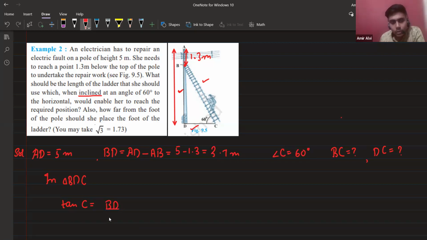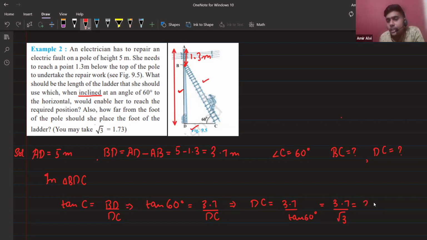Angle C is 60 degrees. BD is given as 3.7, so tan 60 equals 3.7 by DC. DC will go to the other side, and tan 60 will go into the denominator of 3.7. Tan 60 is root 3.